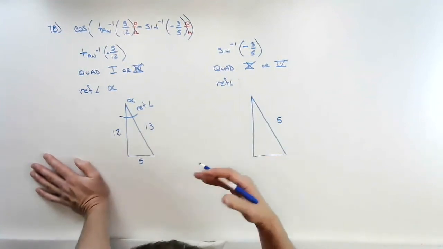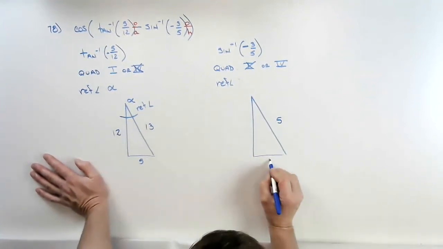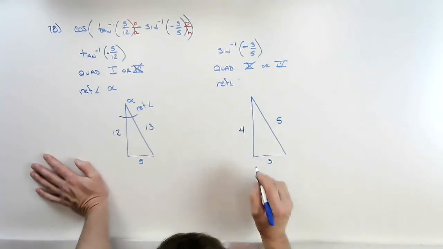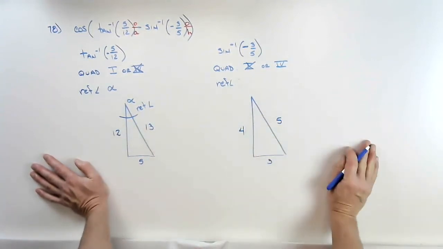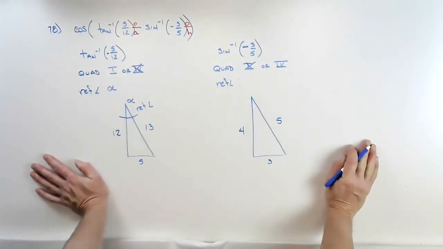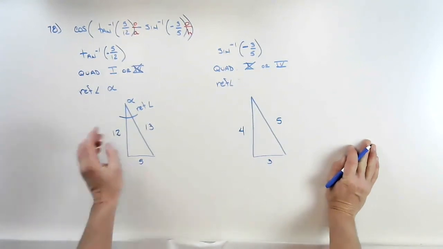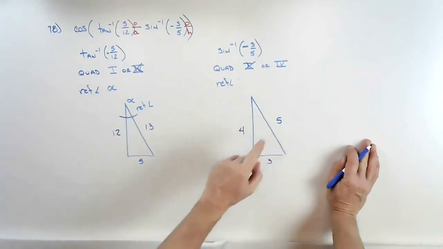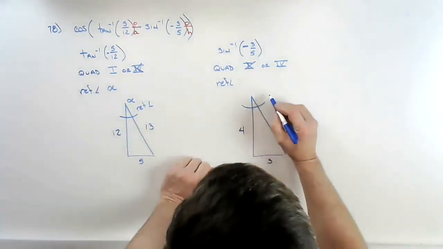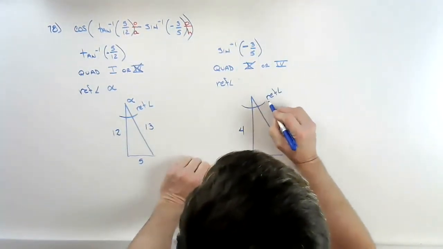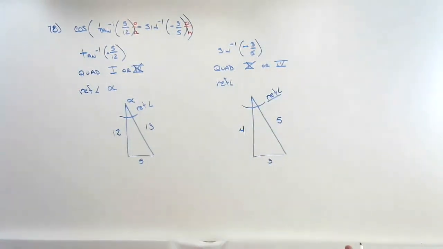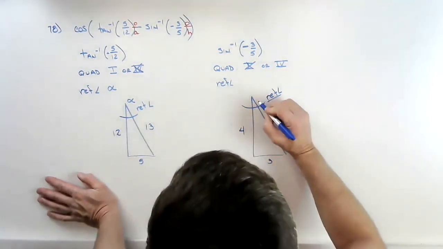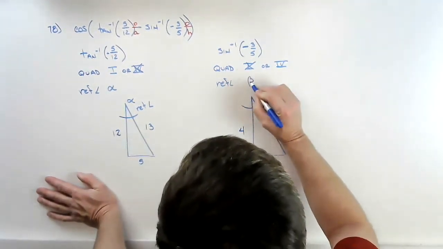It's a 3, 4, 5 triangle. So I'm going to make the small one 3, the long one 4. That way it looks correct. Now, how do I know which one is my reference angle? The reference angle has to have an opposite side of 3. So here's 3. So this has to be my reference angle. Now, I don't know how big that angle is, so I'm going to call it beta. So my reference angle is beta.